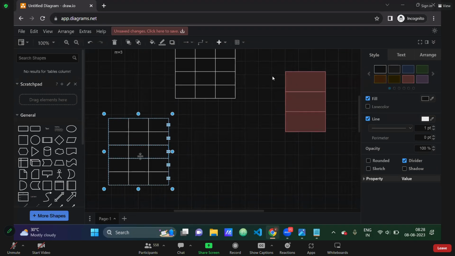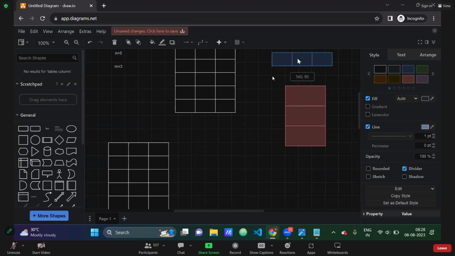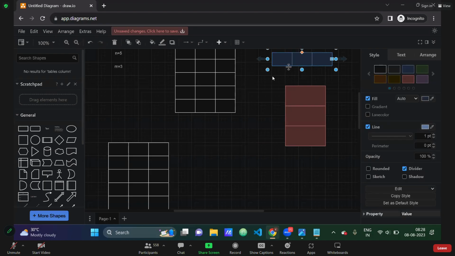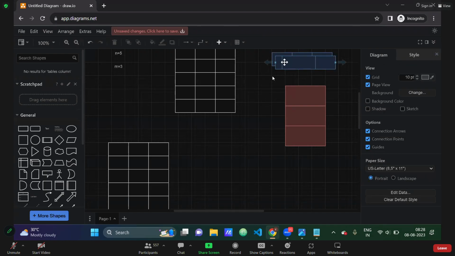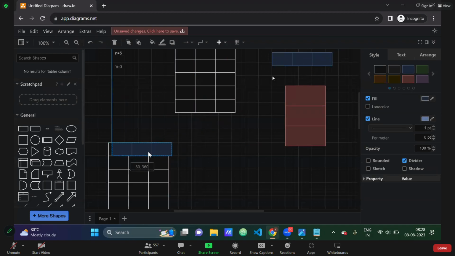So let us see how many possibilities are there. So the first possibility is just placing the tile.